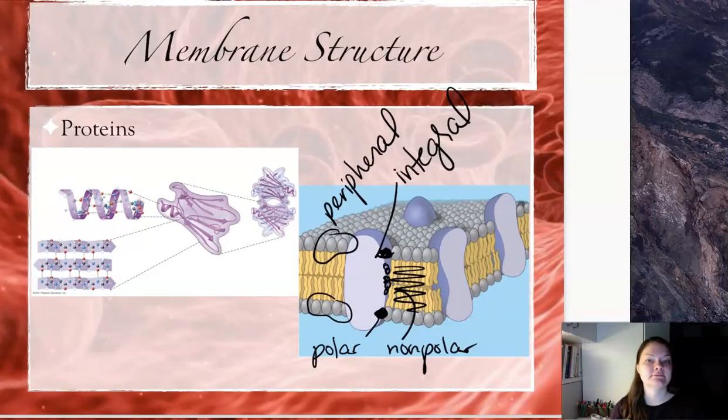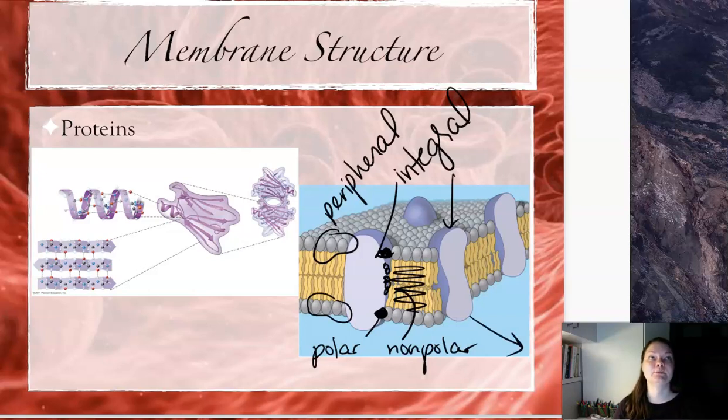When we're looking at different membrane proteins, they're going to have just as many functions as what we found with proteins before. Structurally, they're going to be the attachment point both for other cells as well as the cytoskeleton. They can play roles in cell communication, so picking up messages from the outside and delivering them into the cell.